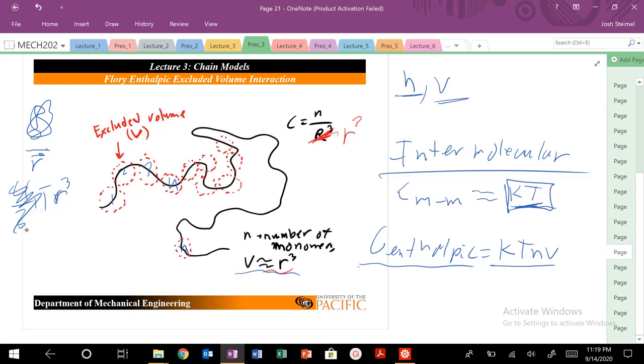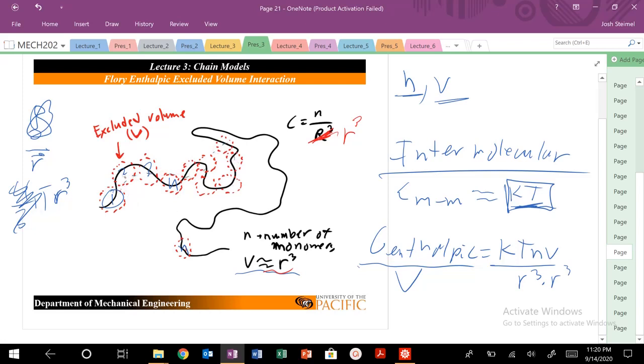As the polymer chain gets larger and larger, some of these interactions are going to get less and less likely because our chain is bigger. So that is going to inversely affect our enthalpic component. So we're going to have this r cubed factor here. Now, I also want my energy density, so I'm going to divide by the volume again, so that's another r cubed. This takes into account the energy density for this single monomer interacting with n other monomers.